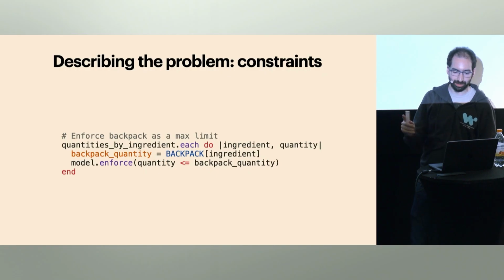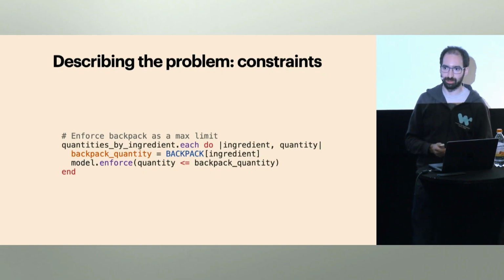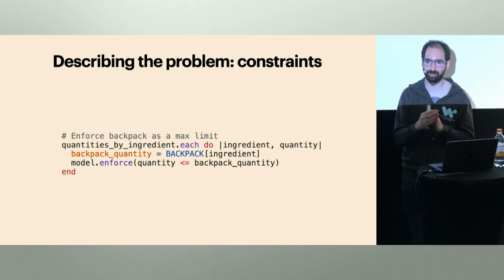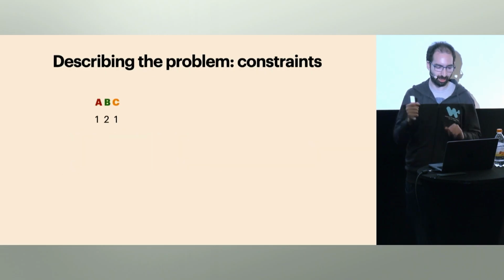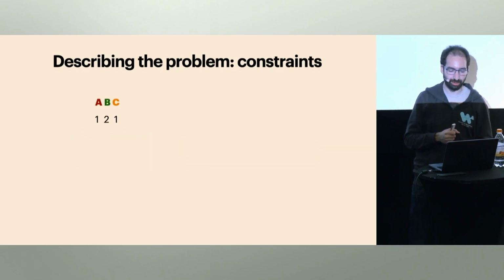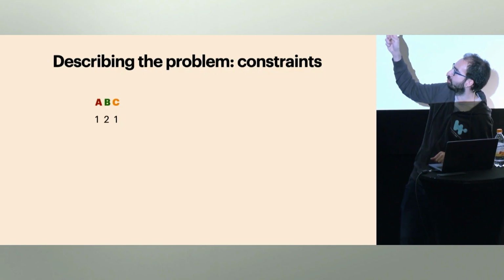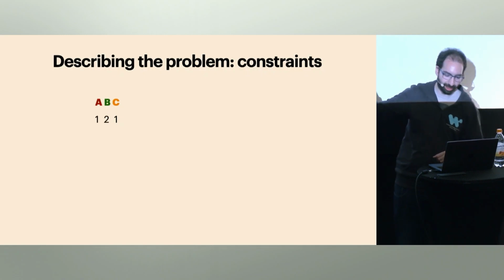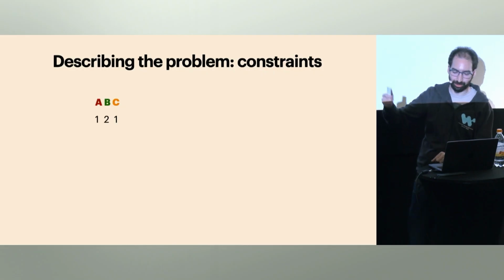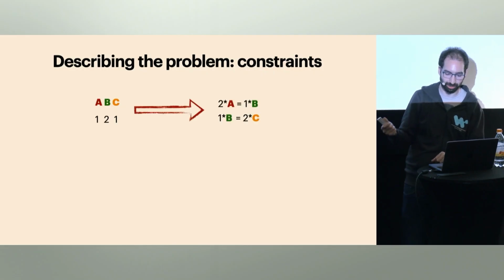And there is one thing that's a bit tricky, is that for potions we have this ratio constraints with sometimes more than 2 elements. And then here you have to, for example, if you have 1 to 2 to 1 in a ratio for ABC, then you have to convert them into multiple equations.